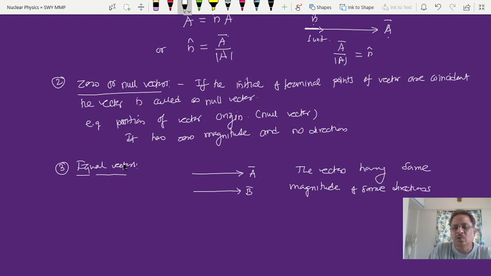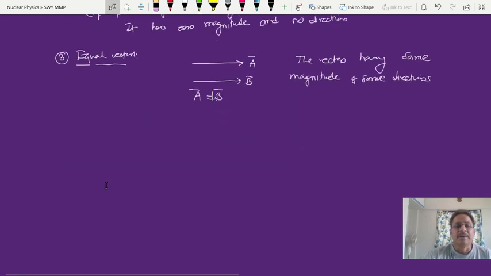Both are pointing in the same direction and both have the same magnitude. Therefore, I can call this vector A bar equal to B bar. These are called equal vectors. They must be the same.